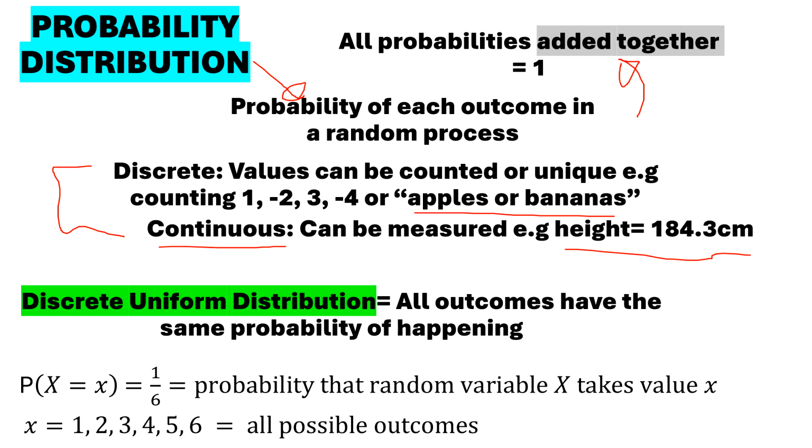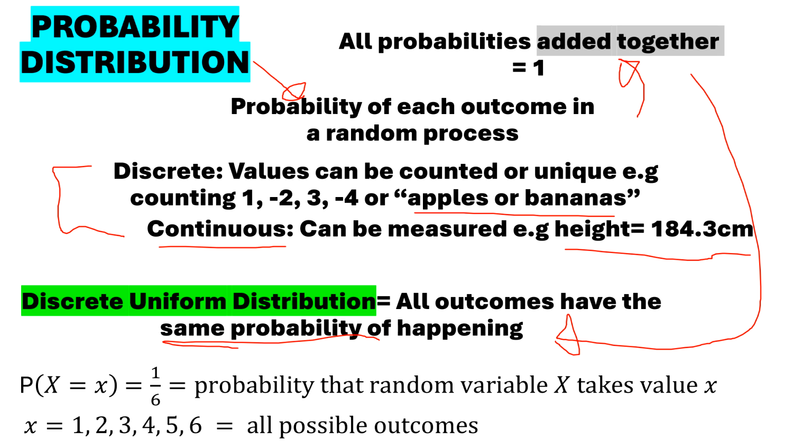Discrete uniform distribution is when all outcomes have the same probability of happening. And remember that they're going to all add up to 1. Okay? So, for example, you have x. 1, 2, 3, 4, 5, and 6 are all the possible outcomes.